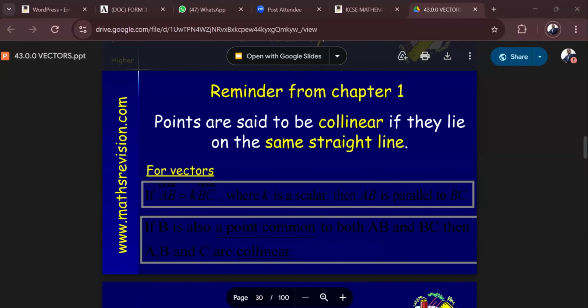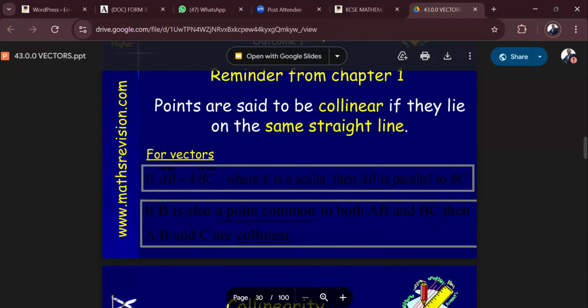If there is a way I can represent a vector as a scalar multiple of another, then the two vectors qualify to be collinear. For example, if AB is equal to K times BC, where K is the scalar, then AB is parallel to BC.